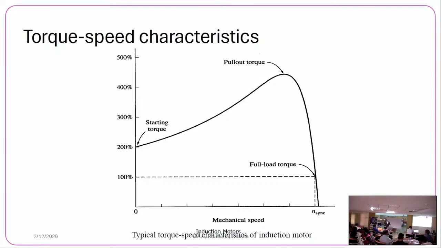Because of the power input, voltage and current, there is a corresponding torque. Though it is not rotating, power input is there, so electromagnetic torque is developed. That is the starting torque.